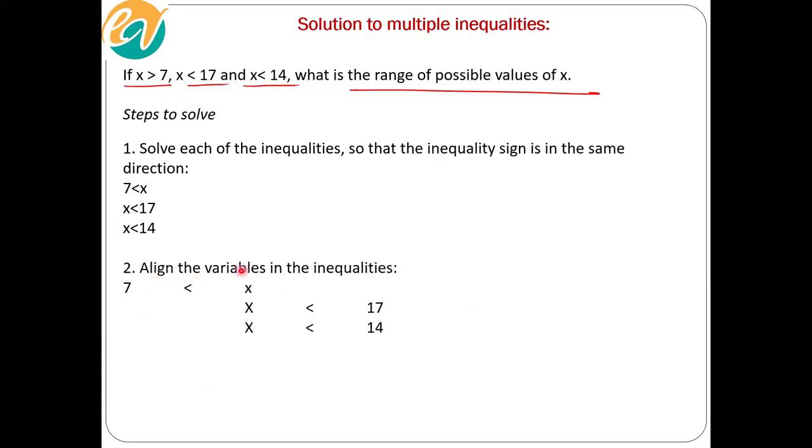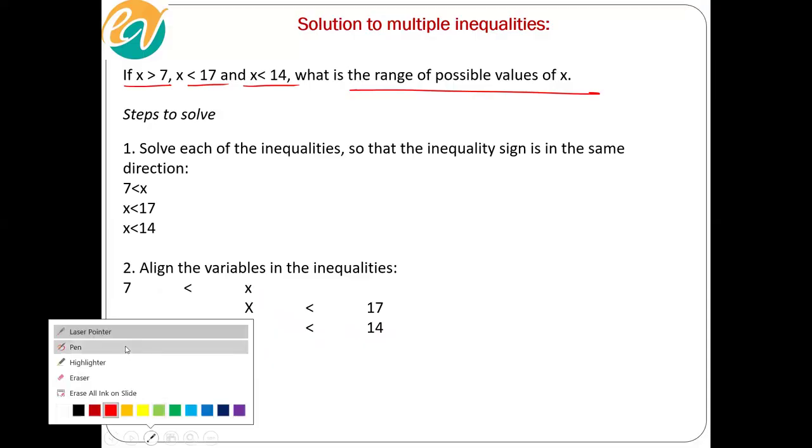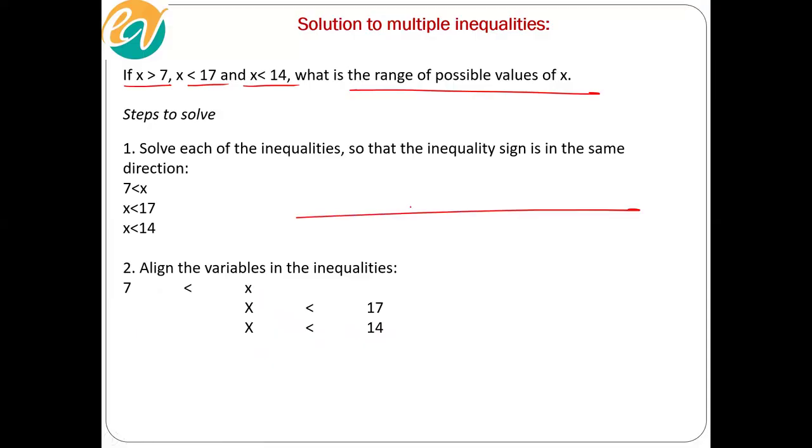Now you align the variables in the inequalities. 7 is lesser than x is lesser than 17, x is lesser than 14. And now what do you do? See, actually you can do it now using the number line also. 7 is lesser than x would be this direction.